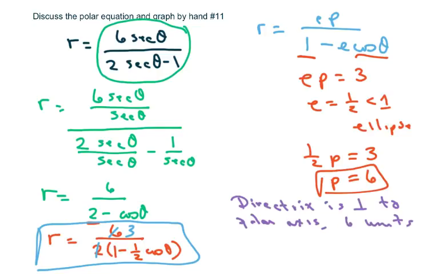Since this is a minus here, it means it's to the left, because remember cosine is left and right, so to the left of the pole, which is the origin, basically. Alright, so let's go ahead and graph it and fill in all the information.